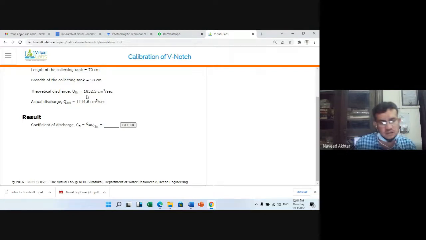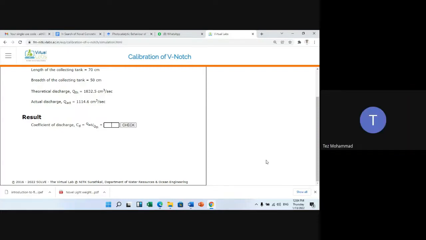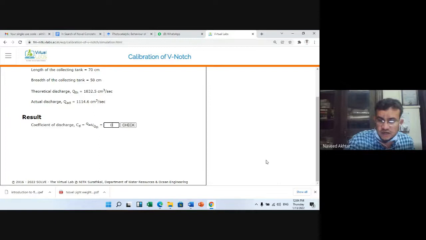How much is the CD value? 0.608. So this is 0.61. Right, 0.61. It's 0.6 considered there. Okay, no issue. So this is the coefficient of discharge for your V notch.